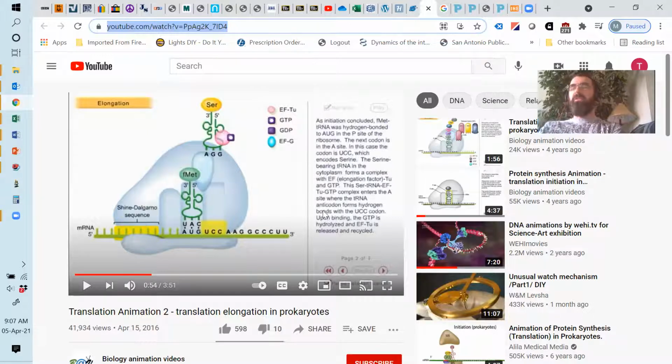So you can imagine there's this big cloud of tRNAs in complex with EF-Tu, which is the main elongation factor, and GTP, all hanging around, right? And so when their codon comes up, those then enter, and in the process, GTP gets hydrolyzed to GDP, right? So the energy in that phosphate bond is what powers this process.